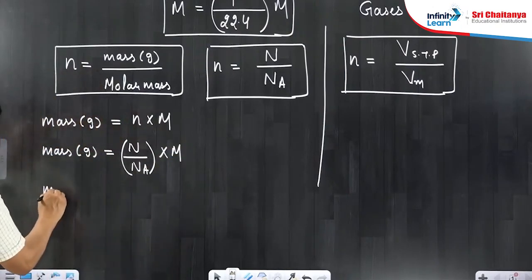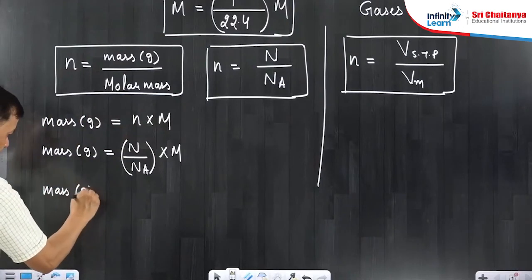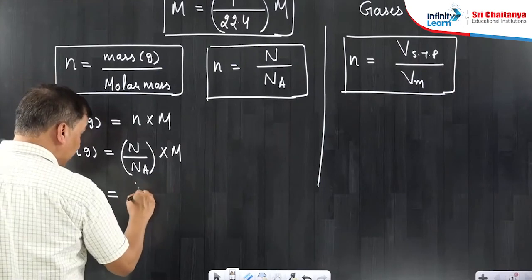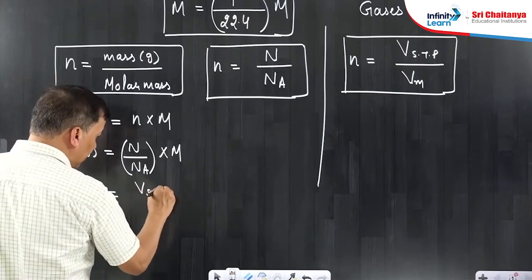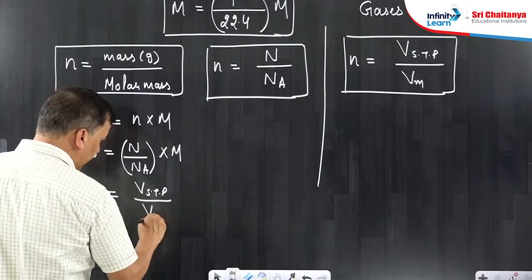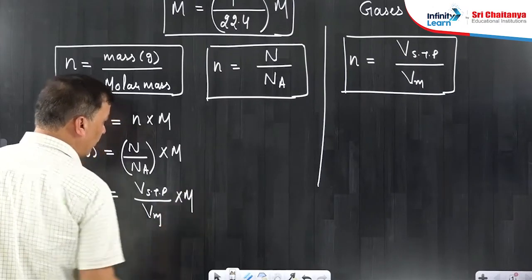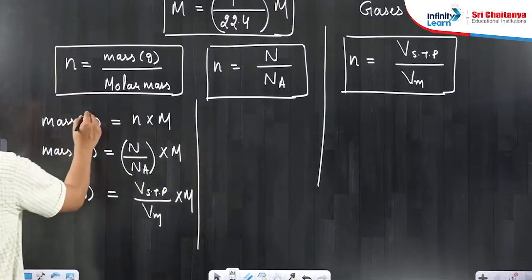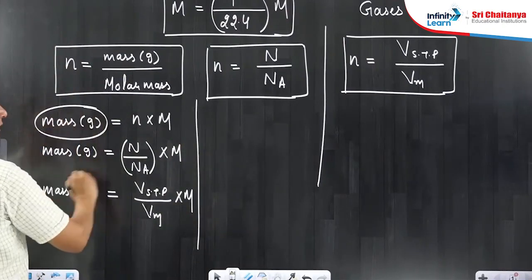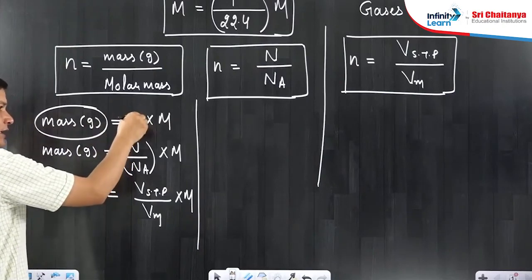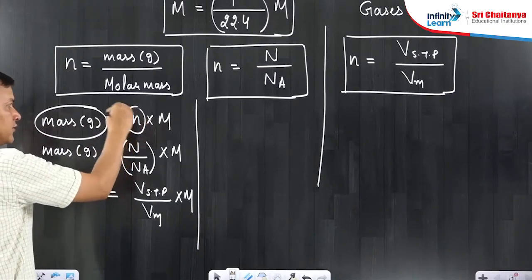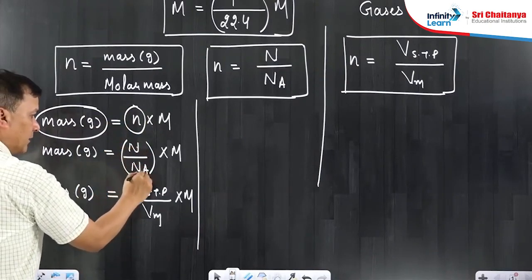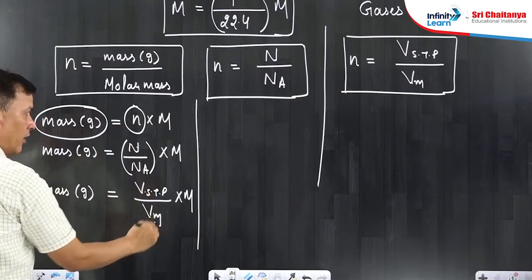That mass in grams we can calculate, that is equal to given volume at the STP upon what? Molar volume into what? Molar mass. Confirm me, dear student, we can find out mass. So to calculate the mass of any substance, we have to find out first of all moles. And moles we can find out from the particles upon Avogadro number, volume upon molar volume.